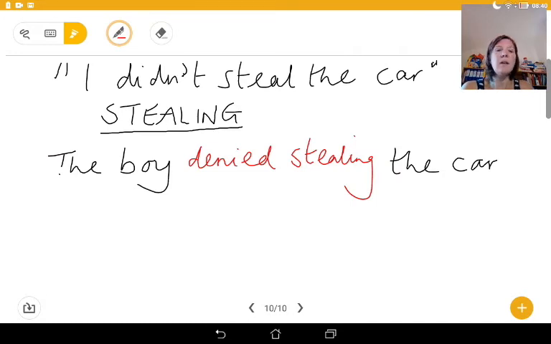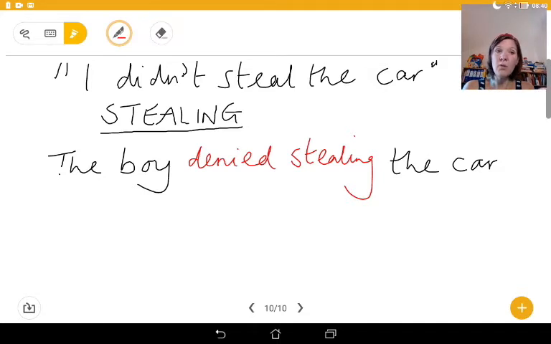I just gave you a written example of one of these sentences. The direct speech could be, "I didn't steal the car." And in our transformation, we have to use the word stealing. So you would say, "The boy denied stealing the car."